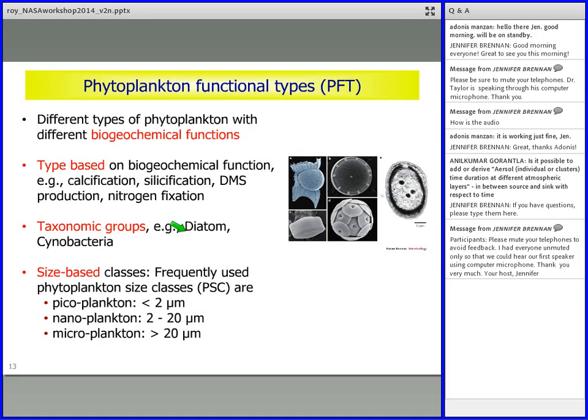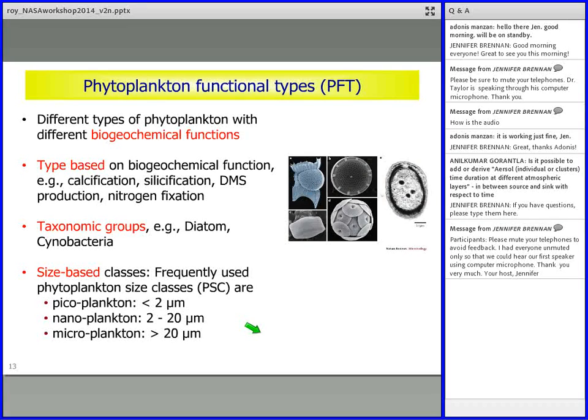For example, diatoms are very different from cyanobacteria. They can also be distinguished based on physiology or cell size. Often they are classified into three major size classes, which are picoplankton, nanoplankton, and microplankton, with the usual definition of less than 2 micrometers, 2 to 20, and more than 20 micrometers.